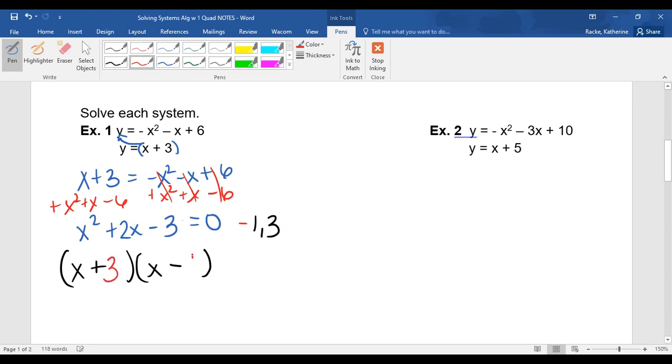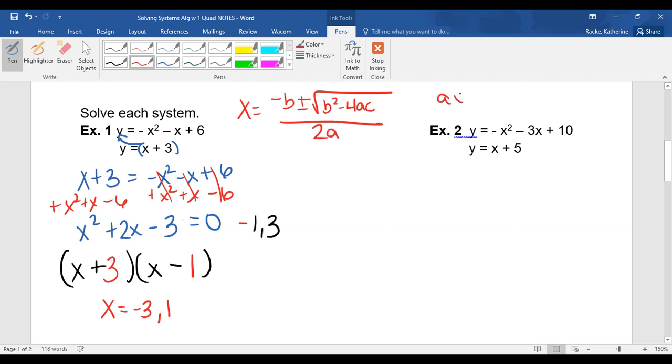So I'll plug those in. You can see that x will equal negative 3 and 1. Again, if you can't work it out this way, you'll have to remember to use the quadratic formula that we learned in the last unit, determining what a, b, and c are.